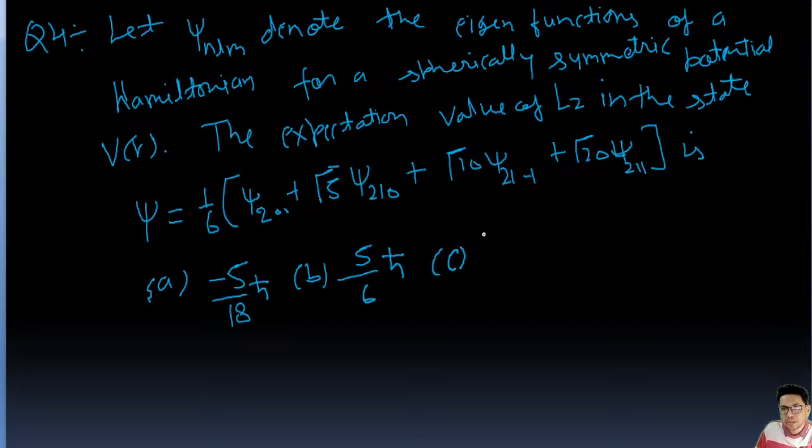Option C is h cut, and option D is 15 upon 18 h cut. Okay, so this is the question. Let psi NLM denote the eigenfunctions of a Hamiltonian for a spherically symmetric potential V(r). The expectation value of Lz in this state, this you need to find out. So these are the options. Okay, so I'll solve it now.